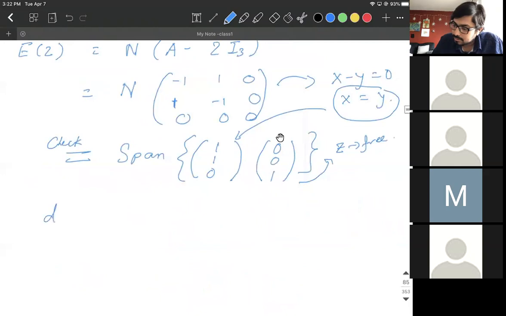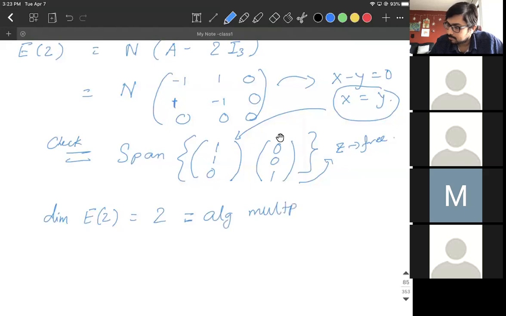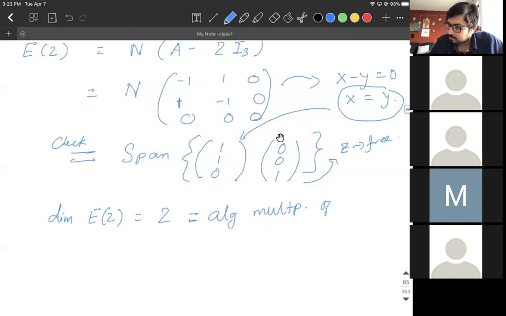So it means that the dimension of E2 is 2. So this is equal to the algebraic multiplicity of 2.